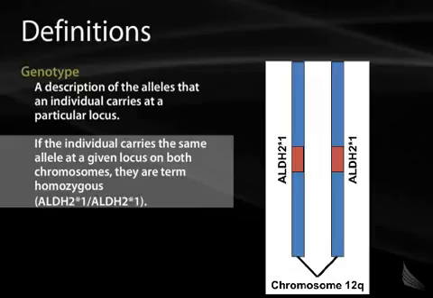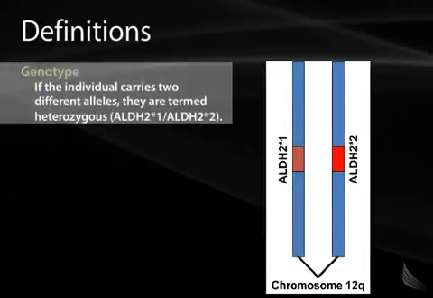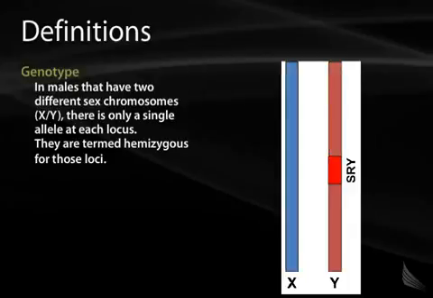Therefore, they would be homozygous for this gene. Now, if the individual carries 2 different alleles, they are termed heterozygous. In the example here, we see he has one chromosome that has ALDH2-1 and another chromosome that has ALDH2-2. So he inherited different alleles from his parents, and he would be considered heterozygous.